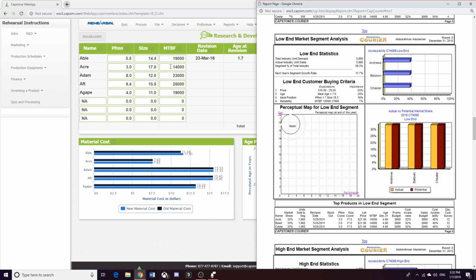So if you look at the tactics of broad differentiator, you need to have the products that are high quality and basically the best products in the market. However, if you do that in the simulation, you're gonna lose customers. You're gonna lose sales.